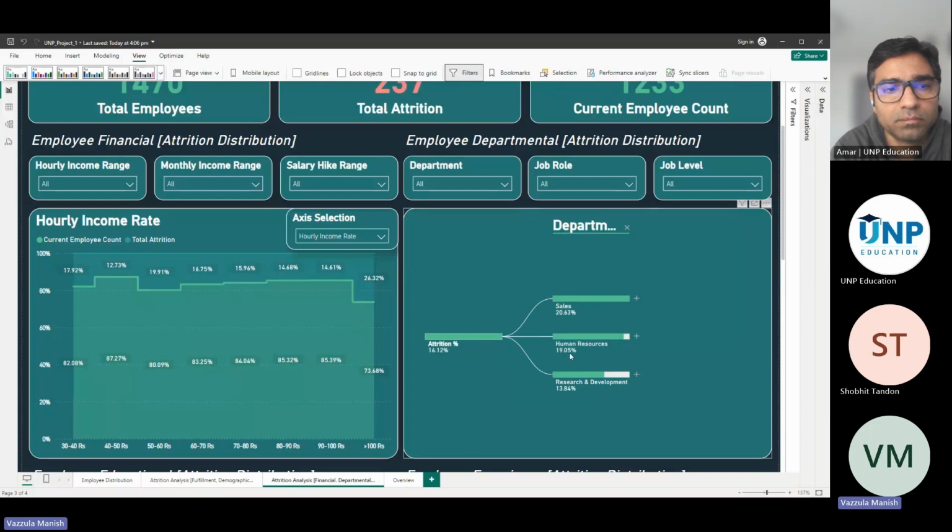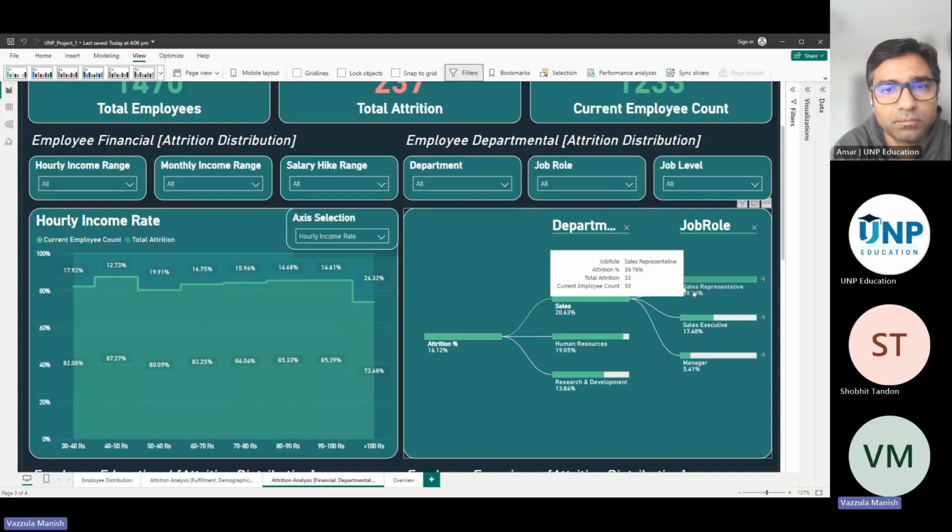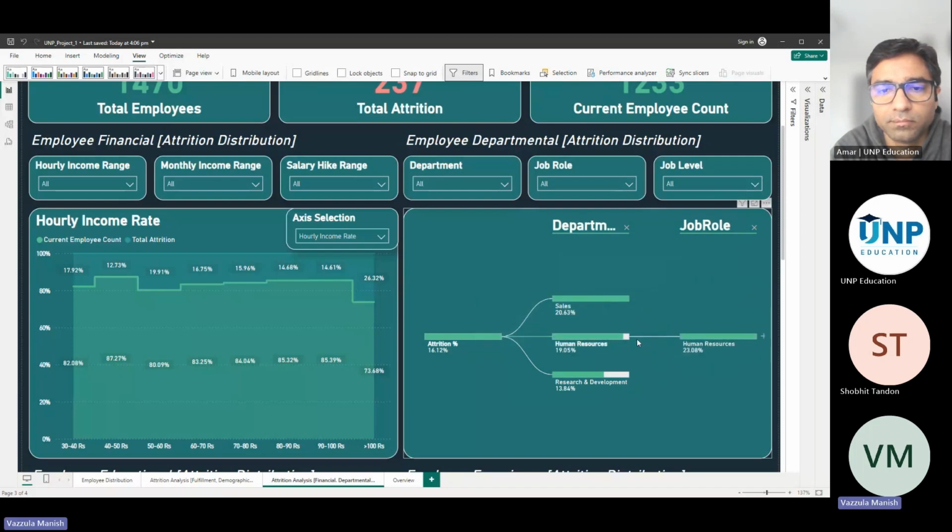Human resources has 19.05, and research and development has the least among them. And again, within sales, we see that job roles like sales representatives, which are way lower on the career ladder, tend to attrite more out of the company than managers, which are only 5%. Human resources has only one job role within it, which is only human resources.